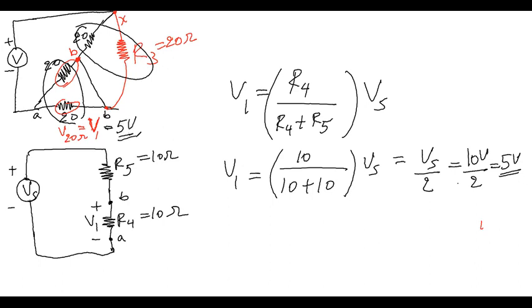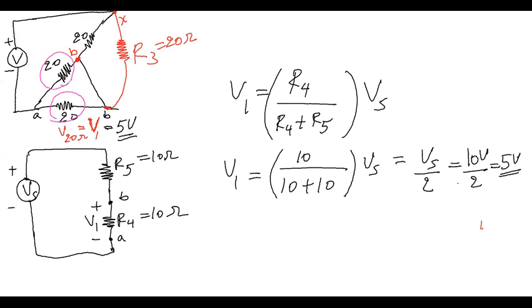So the voltage across this 20 ohm resistor is 5 volt. This 20 ohm resistor is in parallel with that one, so they both have the same voltage.